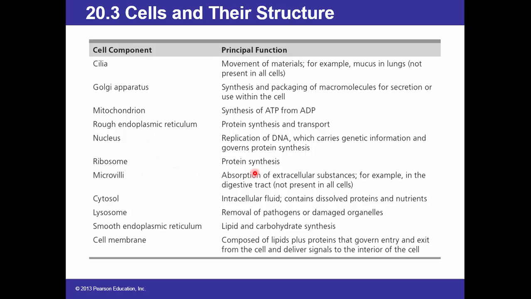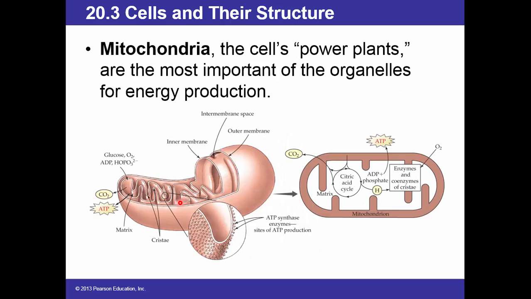For example, ribosome: protein synthesis; mitochondria: synthesis of ATP from ADP; cytosol: intracellular fluid contains dissolved proteins and nutrients, etc. And don't worry about the cells and their structure, don't worry.